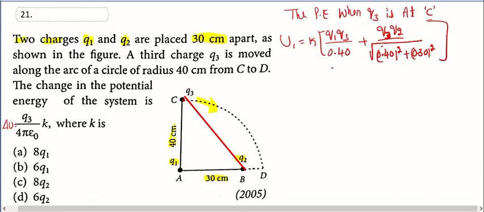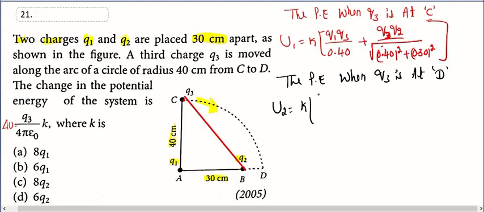Next, the potential energy when Q3 is at point D. So U2 is equal to K times, where is Q3 now? Q3 is here.